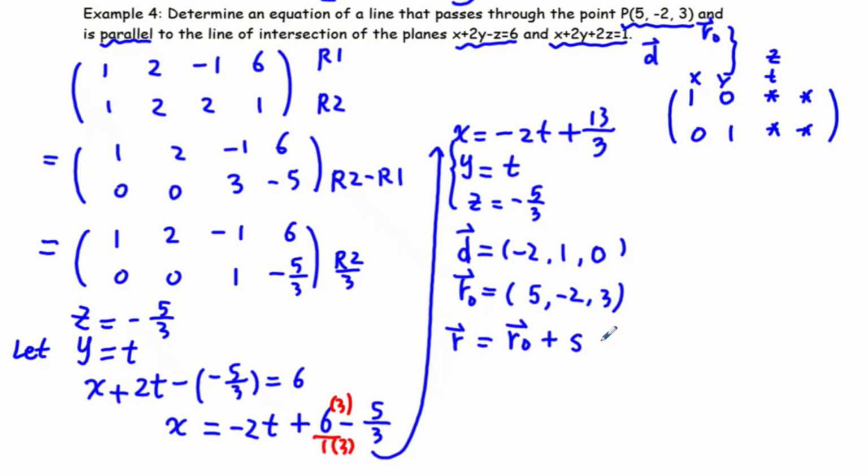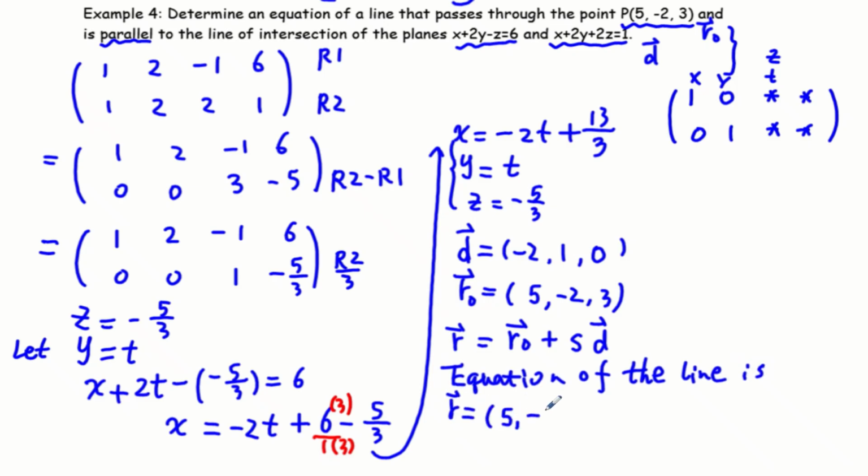It's just a parameter times the d. So we write the equation of the line as r equals, sub in 5, negative 2, 3 plus s, or any other letter, s belongs to all real numbers, then negative 2, 1, and 0.